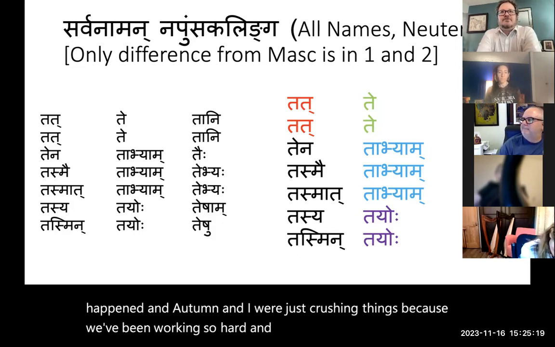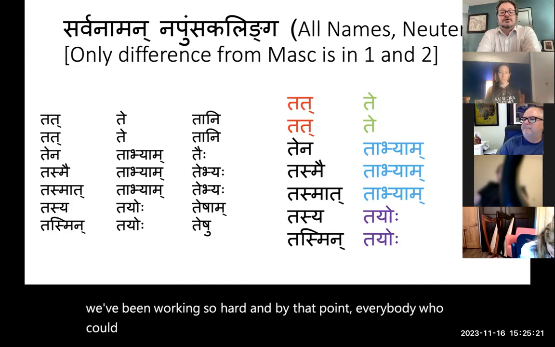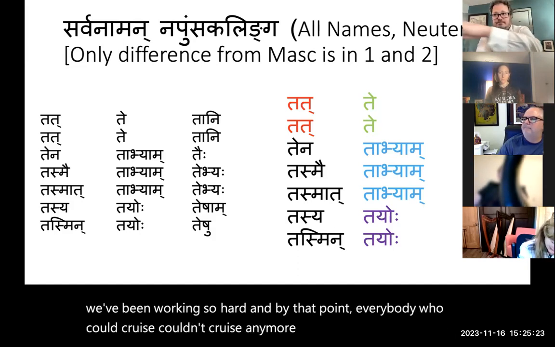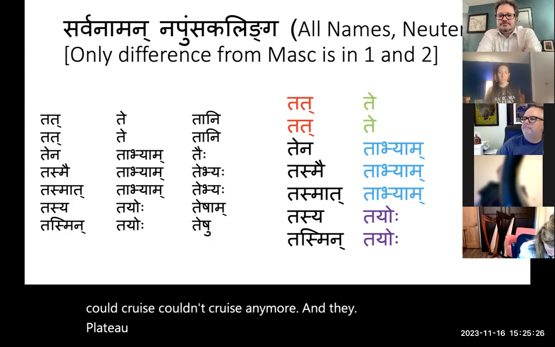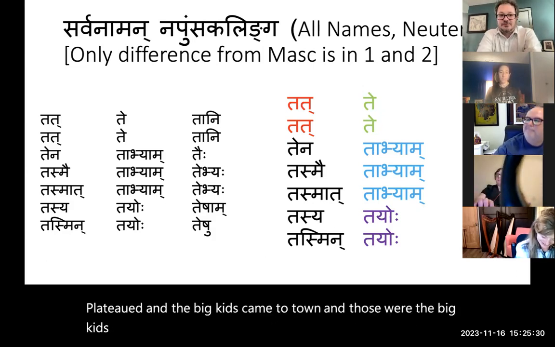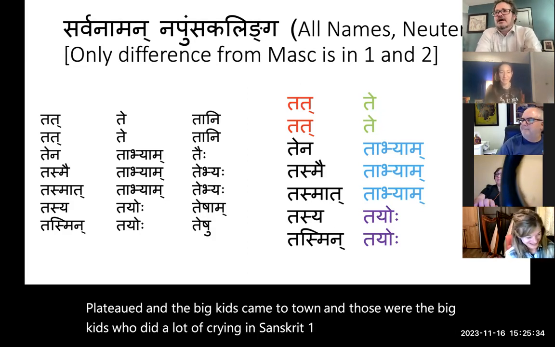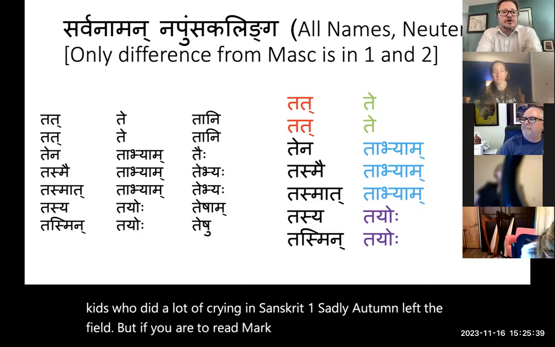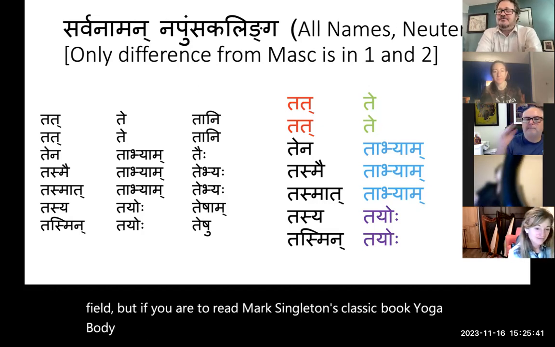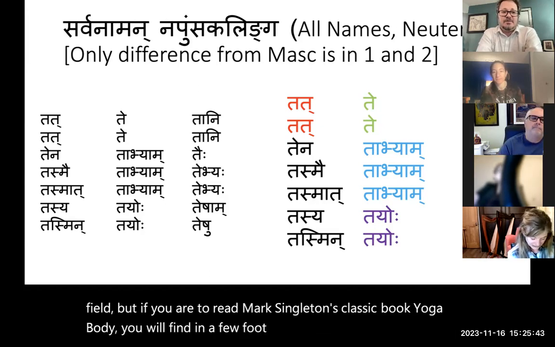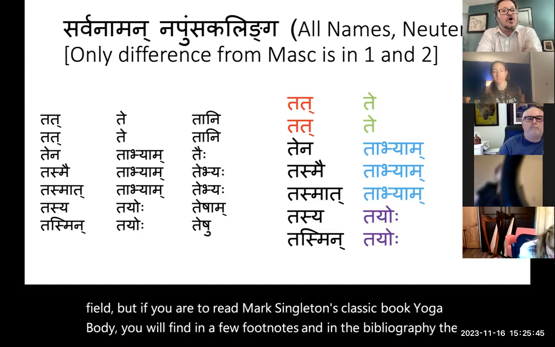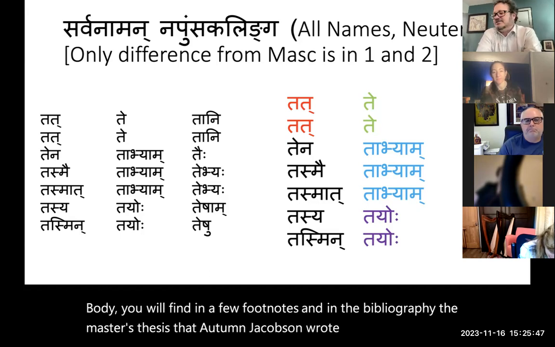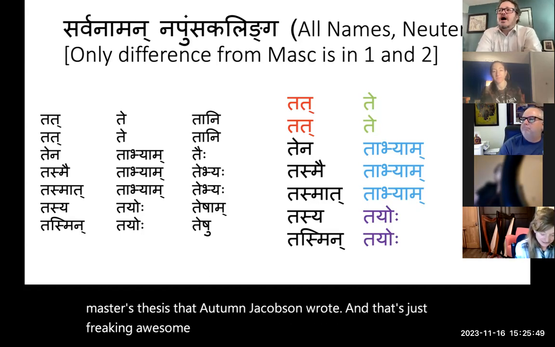And by that point, everybody who could cruise couldn't cruise anymore, and they'd plateaued. And the big kids came to town, and those were the big kids who did a lot of crying in Sanskrit 1. Sadly, Autumn left the field, but if you are to read Mark Singleton's classic book, Yoga Body, you will find in a few footnotes and in the bibliography the master's thesis that Autumn Jacobson wrote. And that's just freaking awesome. I ran into her a little while back.